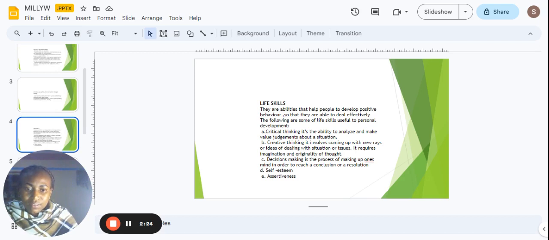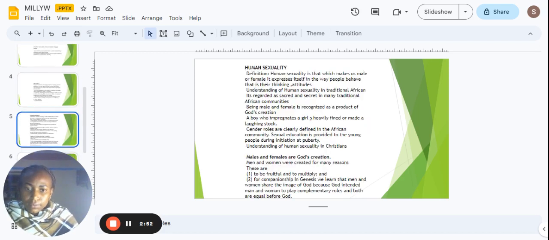We have creative thinking. This involves coming up with new ways or ideas of dealing with situations or issues. It requires imagination and originality of thought. We have decision making. This is the process of making up one's mind in order to reach a conclusion or a resolution. Self esteem, and lastly, we have assertiveness.